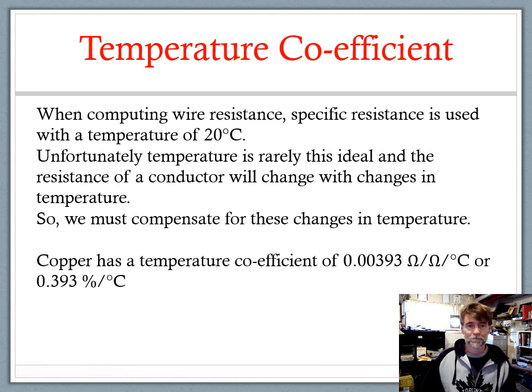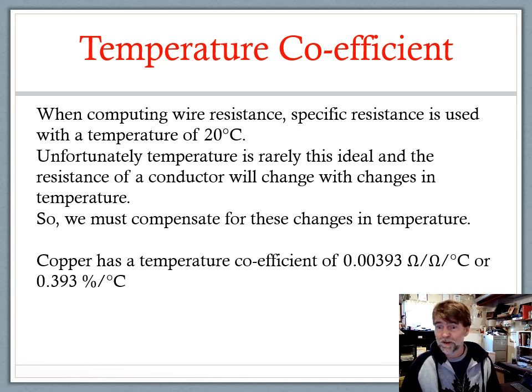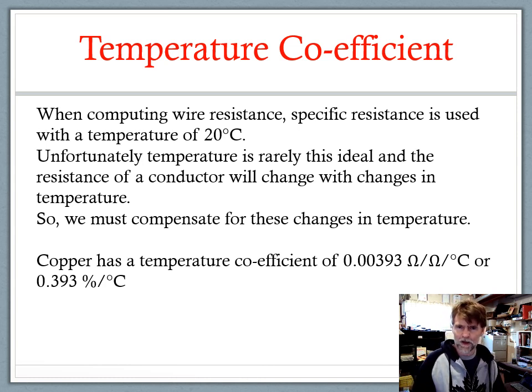The temperature coefficient does that for us. Here's the number. Copper has a temperature coefficient of 0.00393 ohms per degree Celsius. Or, 0.393% per degree. I want to talk about the percent per degree because it helps us understand what this is all about.